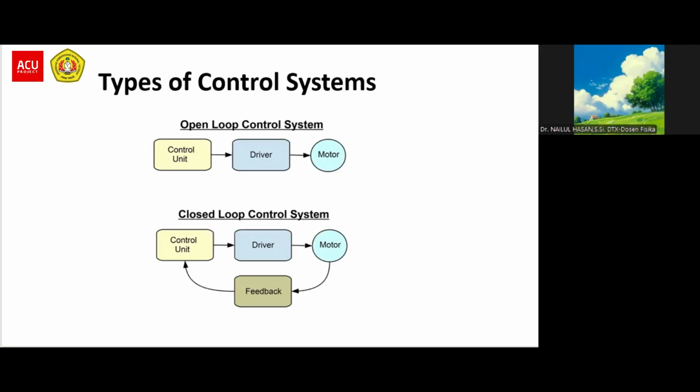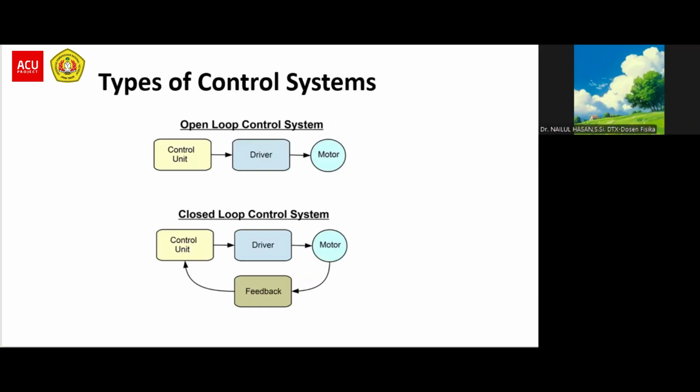These use feedback from sensors to adjust performance in real time. Example, a thermostat. It constantly measures temperature and adjusts heating or cooling to stay within the set point. In real engineering, closed loop systems are preferred because they are accurate, self-correcting, and adaptive.